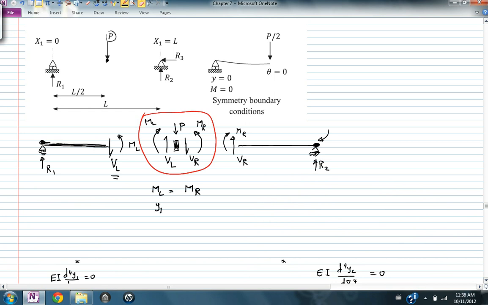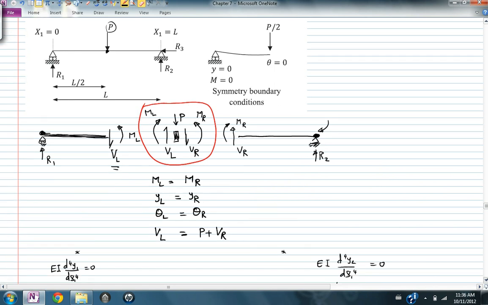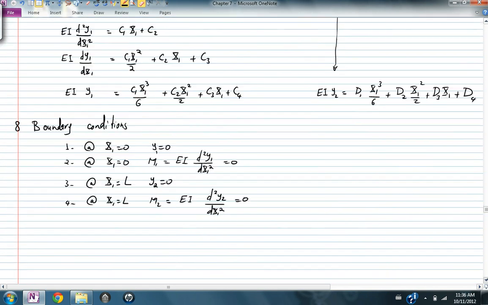The displacement on the left is equal to the displacement on the right. The rotation on the left is equal to the rotation on the right. And the shear, V left, is equal to P plus V right. And so those 4 boundary conditions, I'm going to include them.